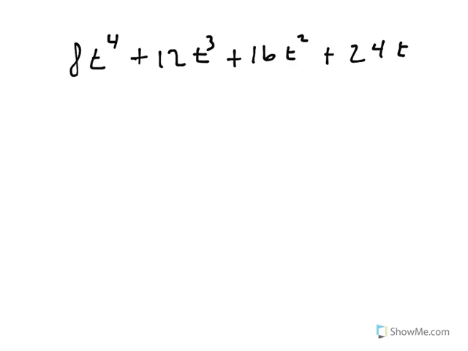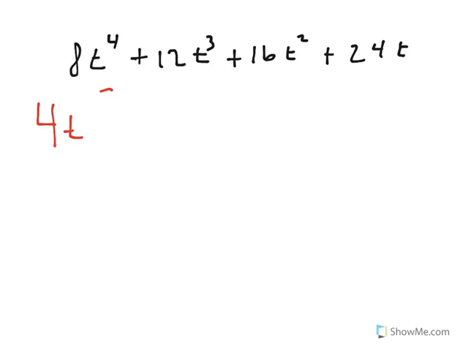The only thing that makes this different from the example 1 problem is that we're going to have to factor out a GCF first. So I'm looking at these numbers 8, 12, 16, and 24, and I can see that they all have a common factor of 4, so I'm going to pull out a 4. And every single one of these terms has at least one t, so I can take out a t as well.